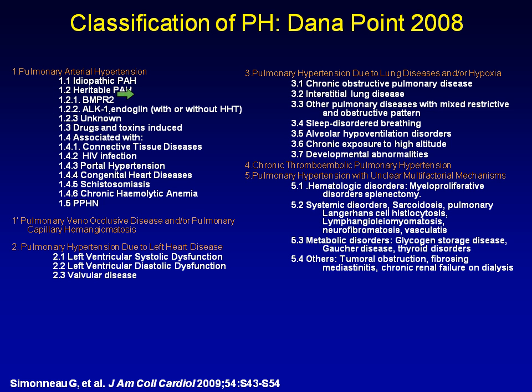And heritable just means that we know a genetic defect, so we know BMPR2 is abnormal in some patients with heritable pulmonary hypertension, but there are other genes, so-called ALK1 or endoglin, and at the recent World Symposium, there were 2 other genes that were added to the list.